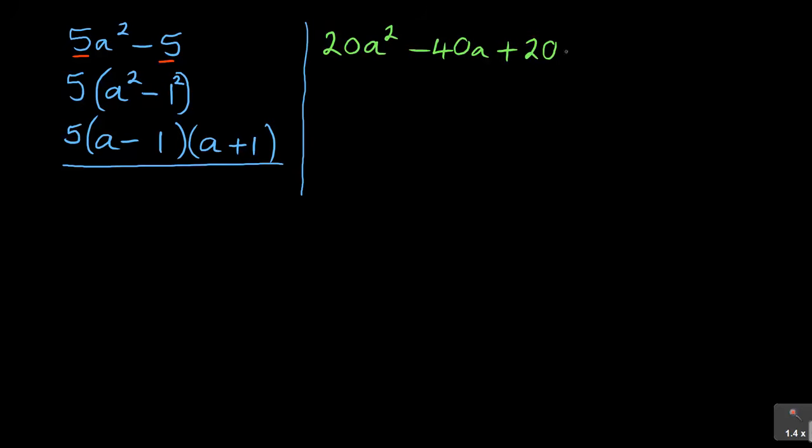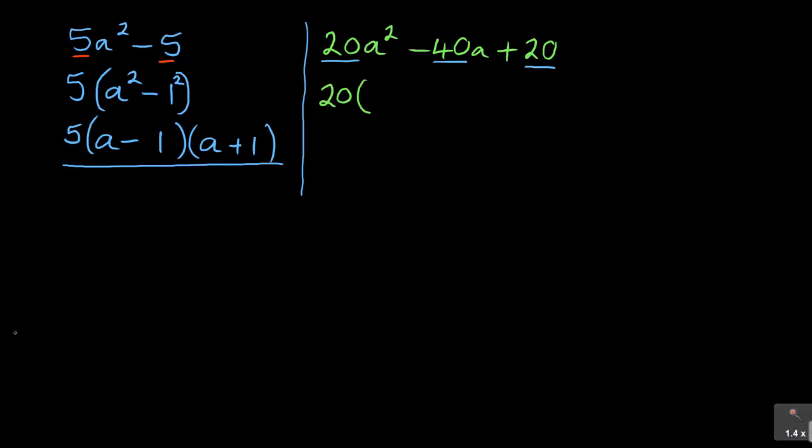Now I'm supposed to factorize this expression, but there is something that is common. We have 20, we have 40, and we have 20. So you can see that in the numbers I can factor out 20 as the common factor. If I take out 20, it means I'm going to divide each and every item by 20.